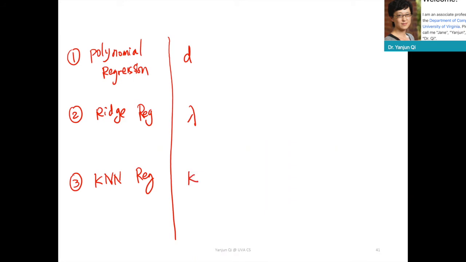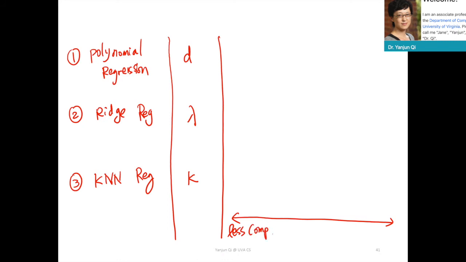This is the hyperparameter. And in all these types of models, there's a concept called model complexity, more complex and less complex. So let's use this coordinate: on the left it's less complex, and on the right is more complex.